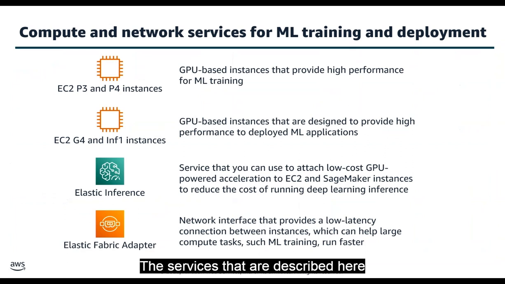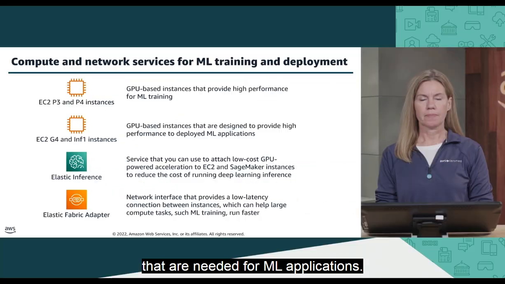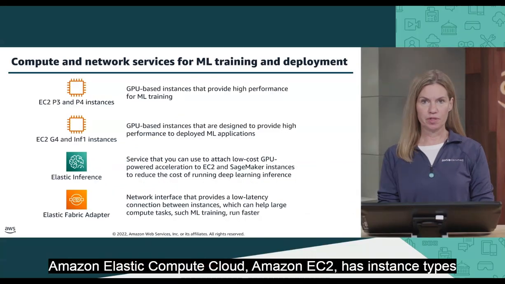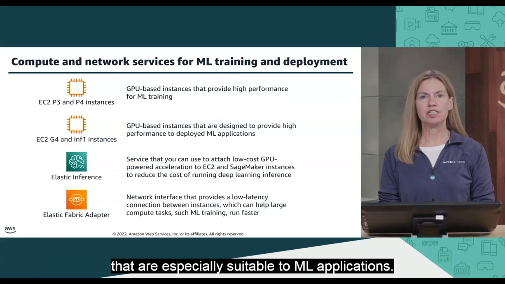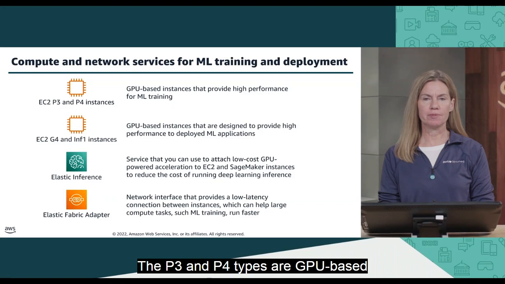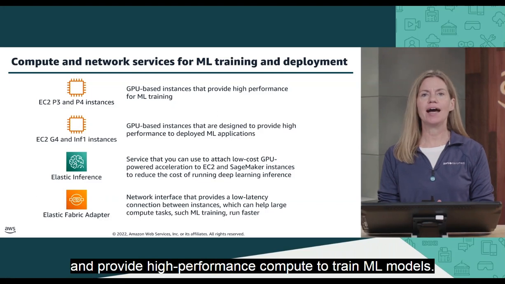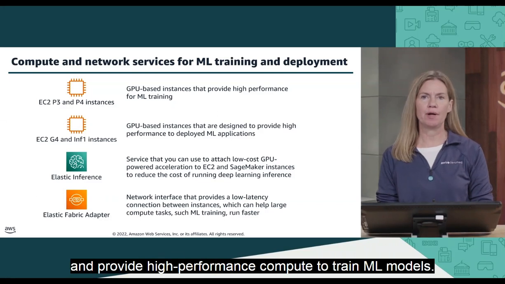The services that are described here all help to provide the compute power and speed that are needed for ML applications. Amazon Elastic Compute Cloud, Amazon EC2, has instance types that are especially suitable to ML applications. The P3 and P4 types are GPU-based and provide high-performance compute to train ML models.